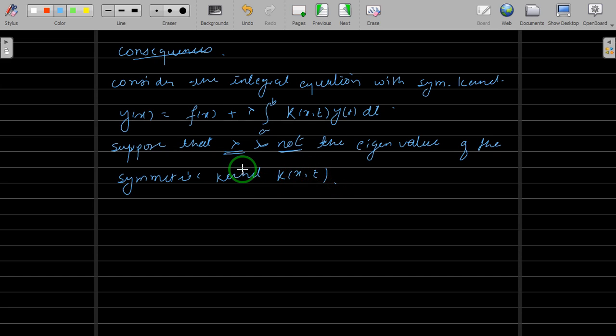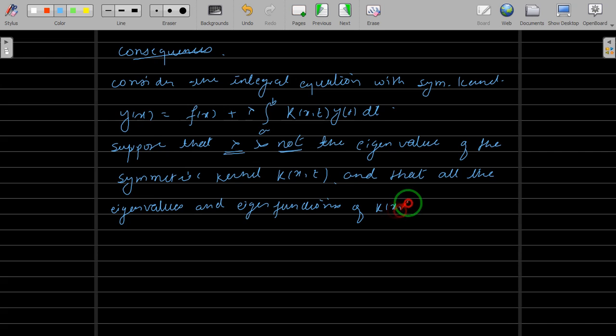So assume that this lambda is not an eigenvalue of the symmetric kernel k(x,t), and that all the eigenvalues and eigenfunctions of the kernel k(x,t) are known.